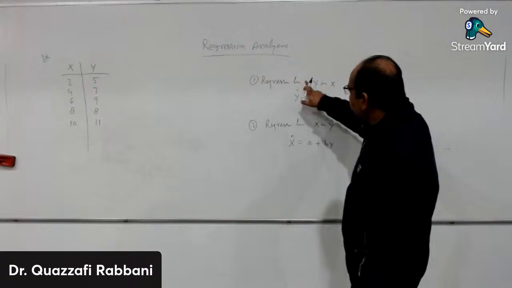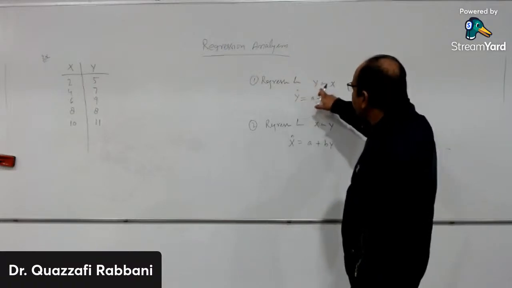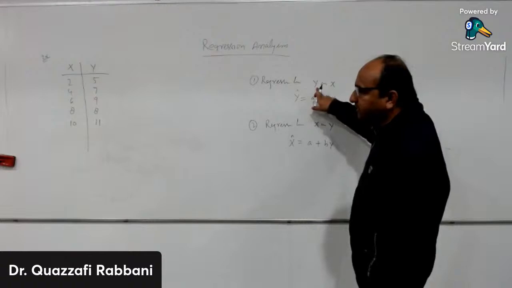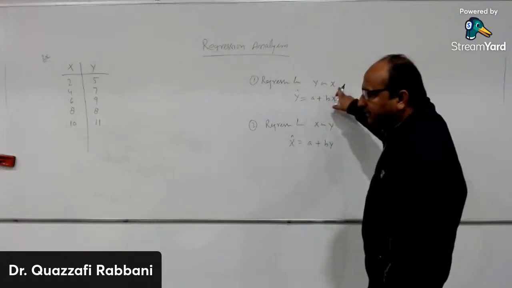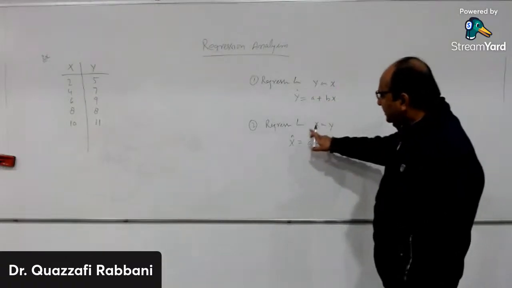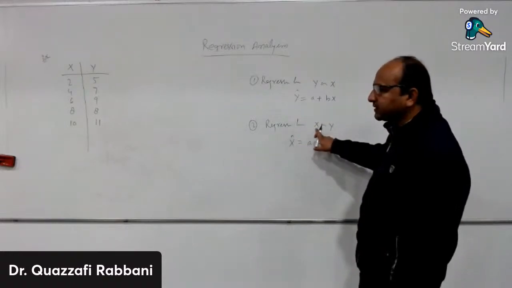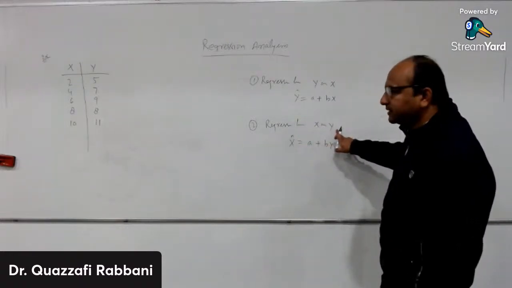So the basic difference of these two equations is that there are two variables x and y. In the regression line y on x, y is the dependent variable and x is the independent variable. In the regression line x on y, x is the dependent variable and y is the independent variable.